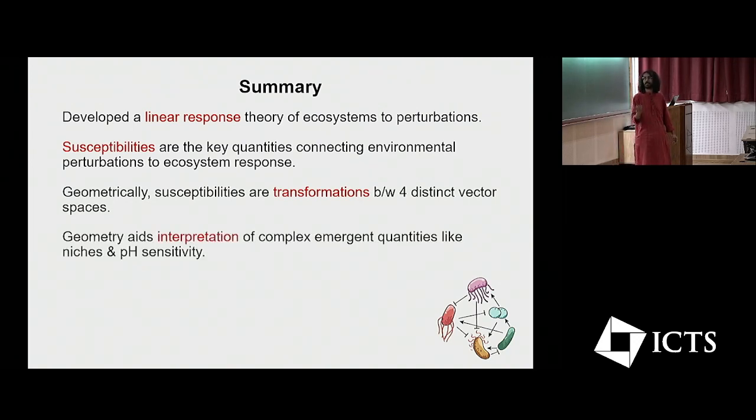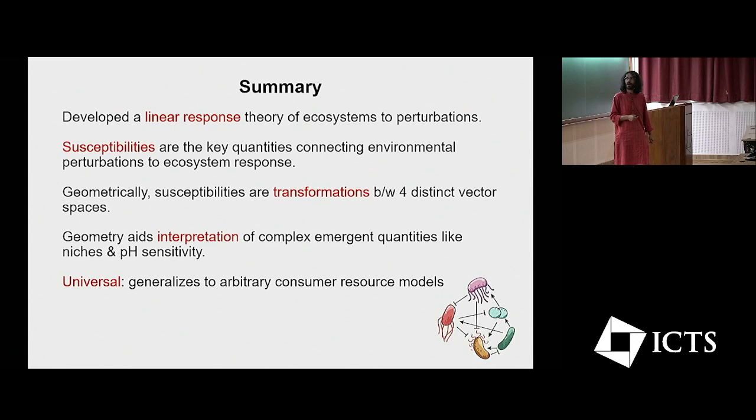It turns out there are very nice ecological variables that you can interpret through this geometry. For instance, there are nicer interpretations of niches, and of various other things that people care about. And what I didn't tell you, but is also true, is that you can go away from the linear models that I was talking about in this talk and show that this geometry is potentially universal, and it generalizes to arbitrary models of this kind.